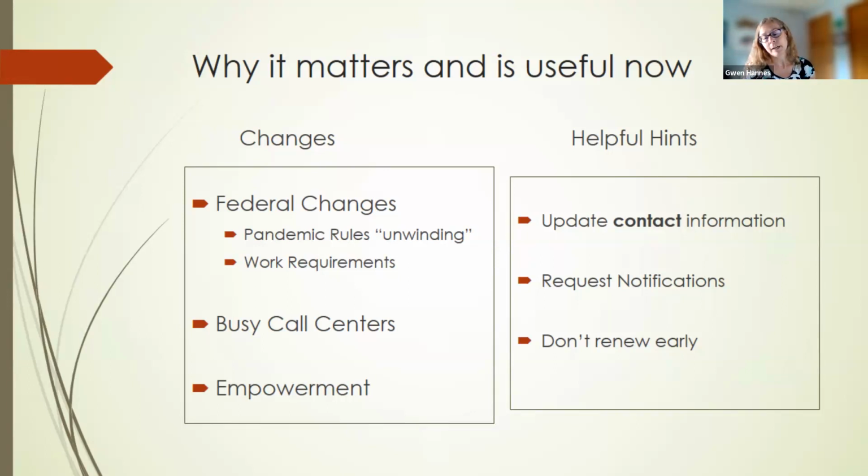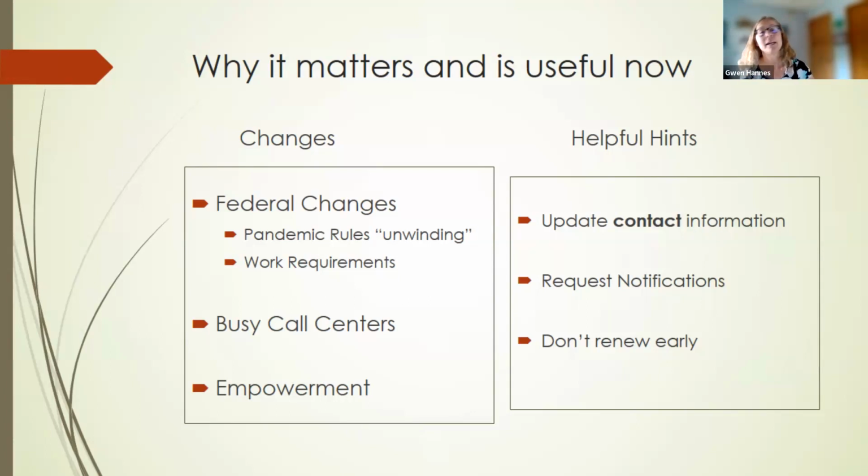Helpful hints, just as community advocates, are some things you can help folks with. Remind them that their contact information is really, really important right now. If we have an incorrect address or an incorrect email or phone number for somebody, they might miss really important communications. They're more likely to get them if they have MyACCESS, because then they're signing up for alerts, hopefully.